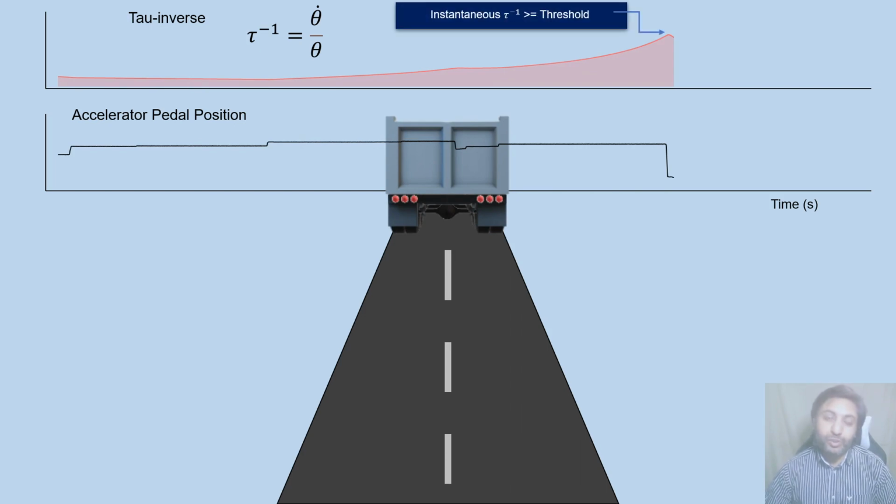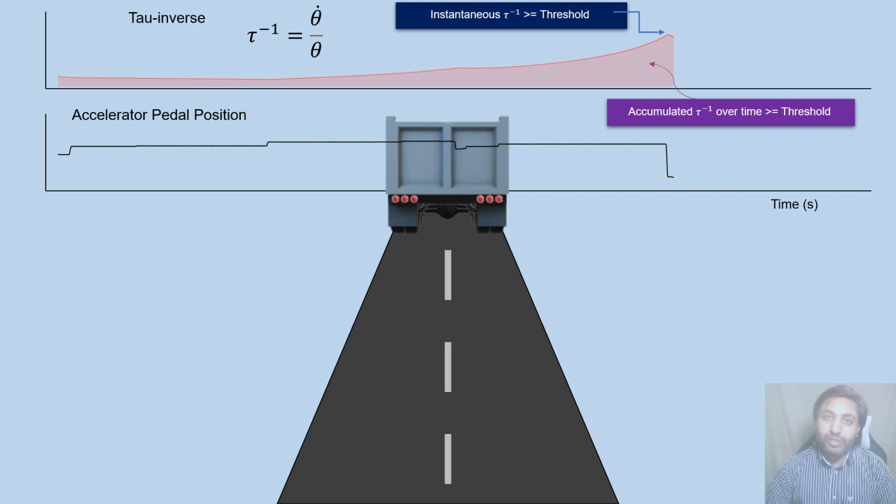There are two different approaches that define how we determine the point where the driver perceives that the lead vehicle is slow. The first approach assumes that when the instantaneous tau inverse exceeds a certain threshold, that is the point when the driver perceives that the lead vehicle is slow.